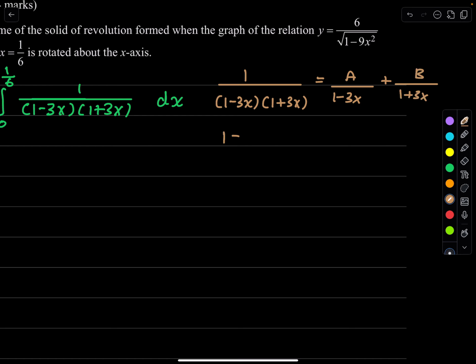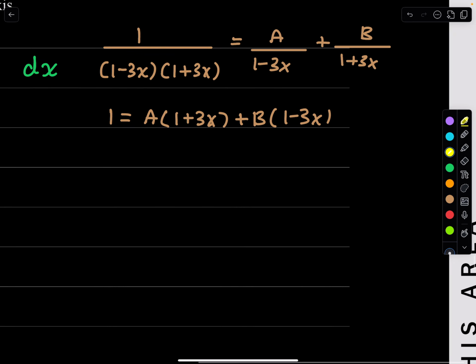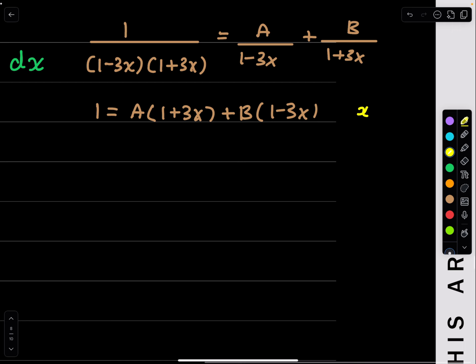So, of course, it's going to be 1 equals a(1 plus 3x) plus b(1 minus 3x). We can actually sub in values straight away to get a and b. Like, for example, if I sub in when x equals 1/3, do you know what's going to happen? Well, let's put it into this x value.